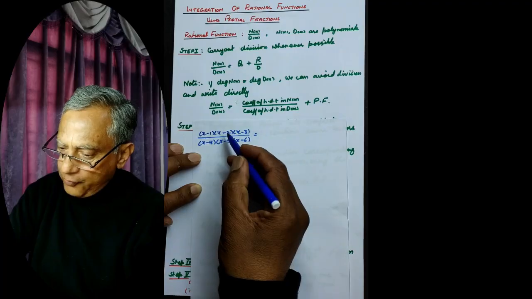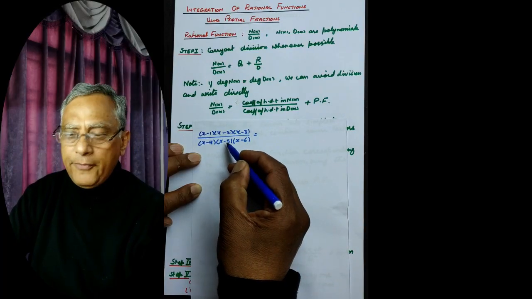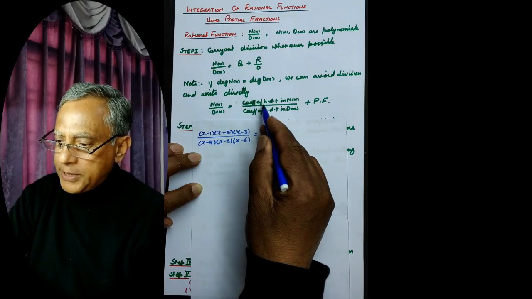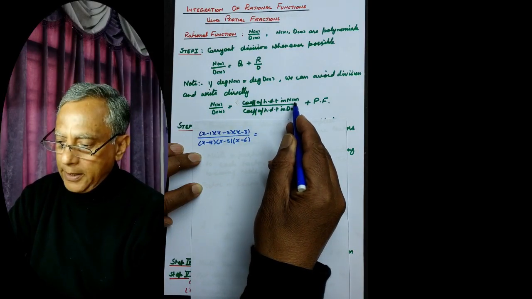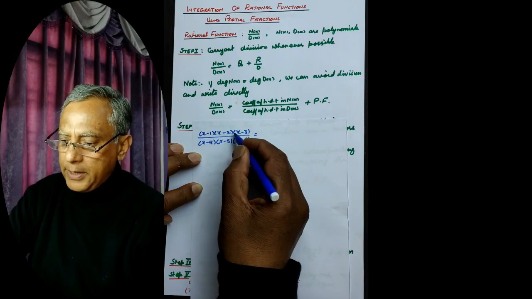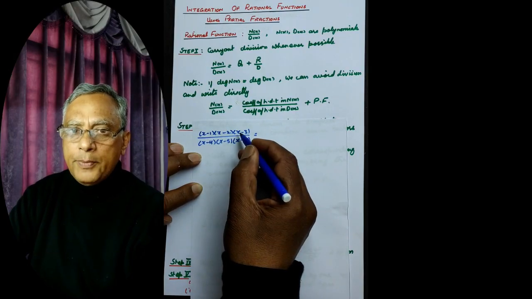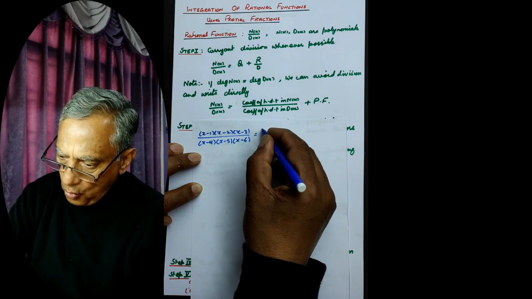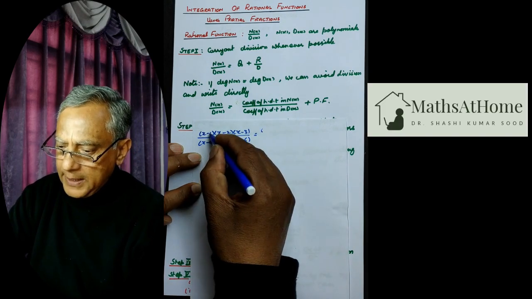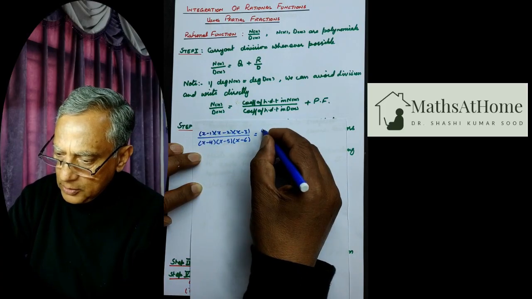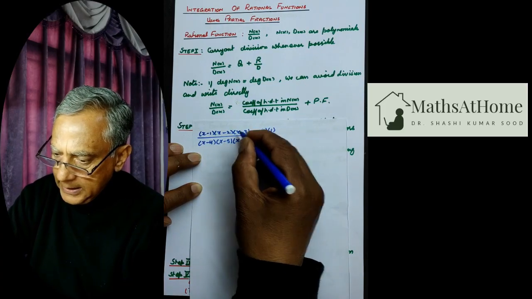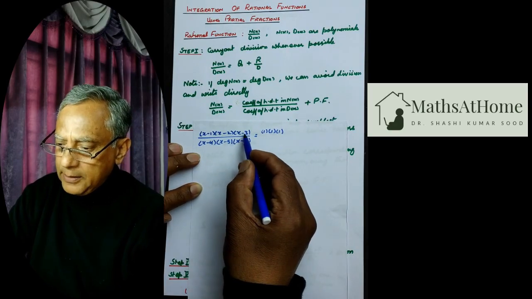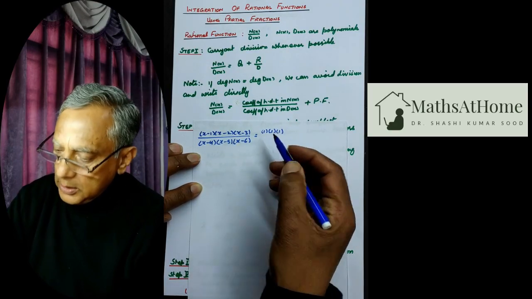So if degree of numerator is equal to degree of denominator, we can avoid division and write directly the coefficient of highest degree term in numerator, that is the coefficient of x cube. In these factors, the coefficient of highest degree term in each bracket is 1, so 1 into 1 into 1. If it is 2x minus 3, then the coefficient will be 2.